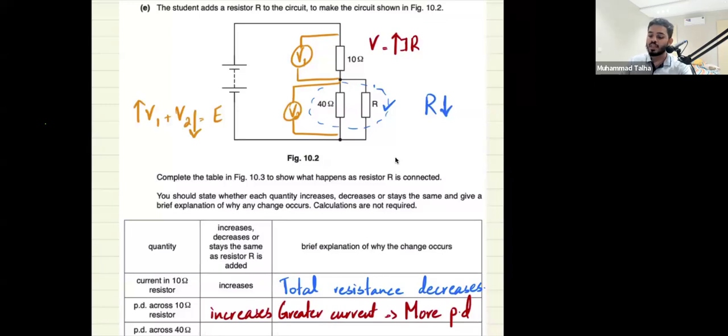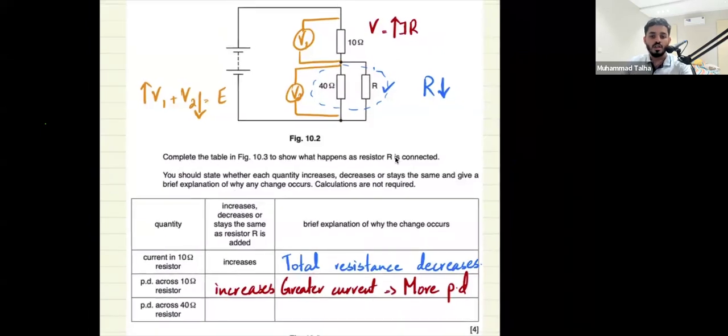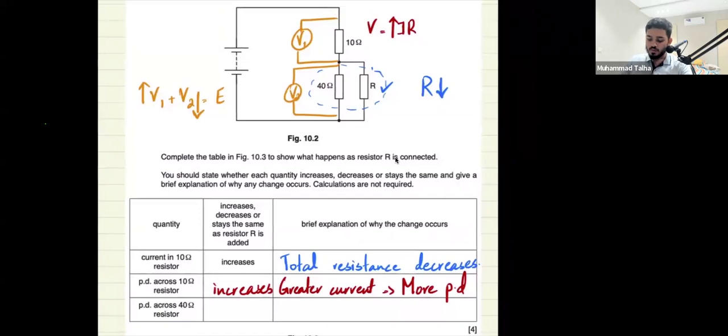This is one way. Another way to talk about this is that this resistance basically becomes a smaller portion of the overall resistance. So because of the direct proportion by V equals IR, this voltage would also go down. These are the two possible explanations for this part. So I would say this decreases.